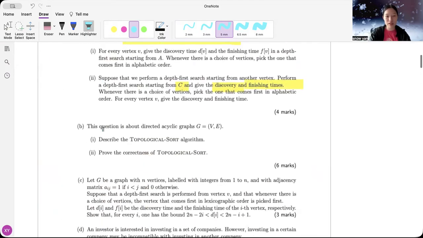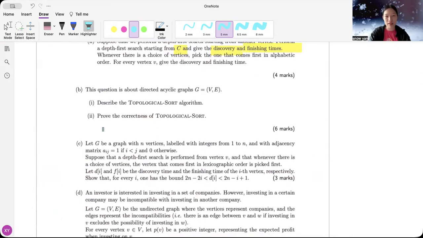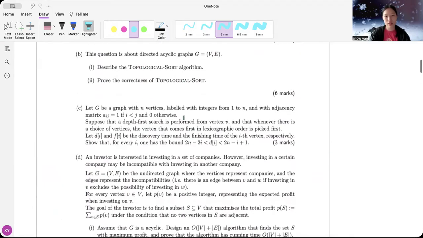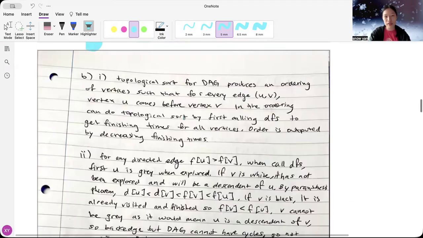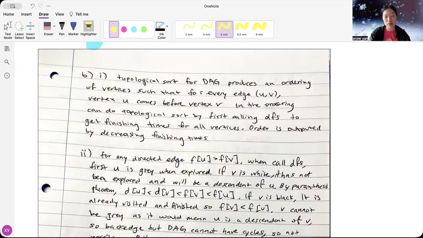For the next part, part B, this question is about a DAG, G equals (V, E). Describe the topological sort algorithm and then prove its correctness. For this, basically, this is sort of bookwork.